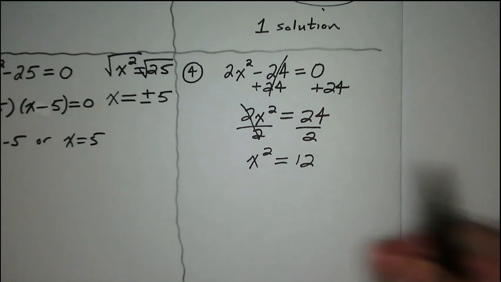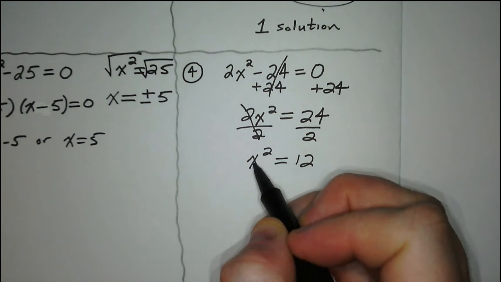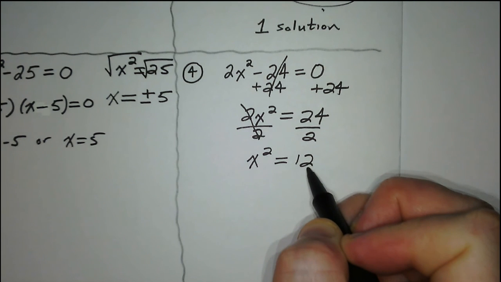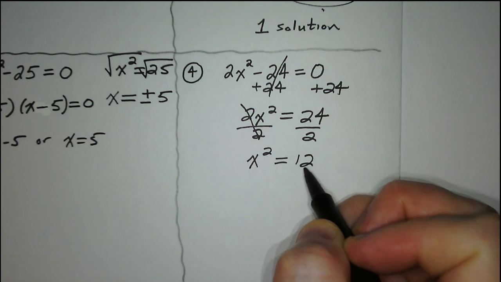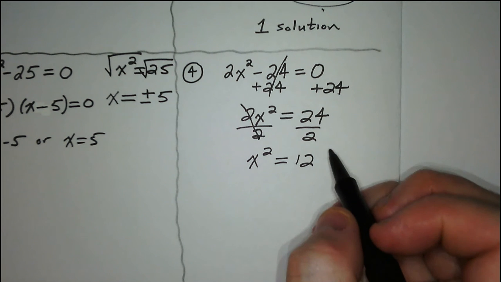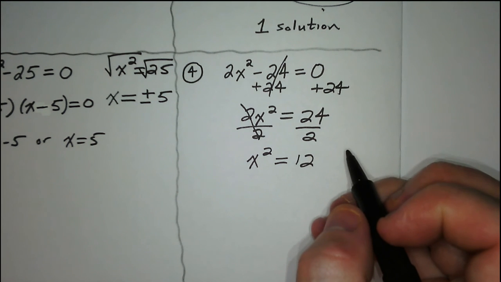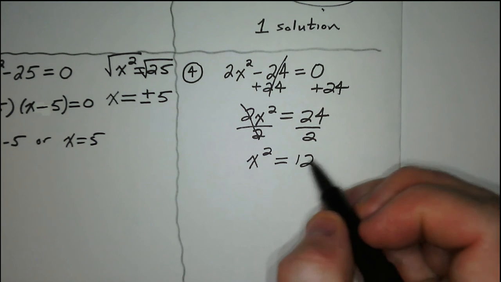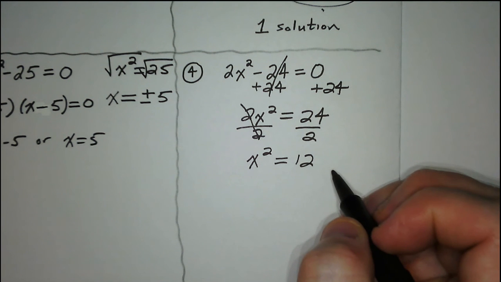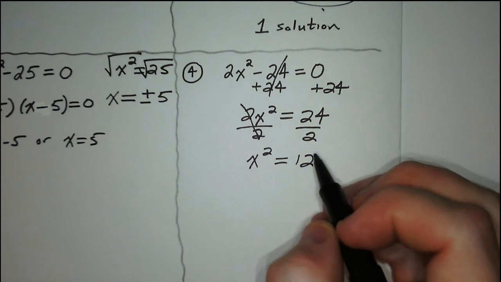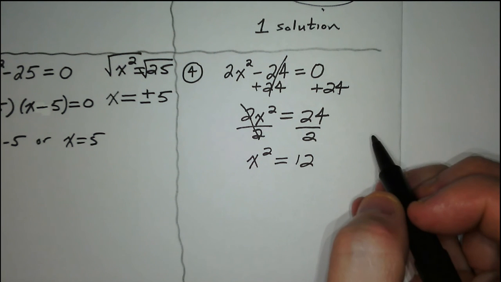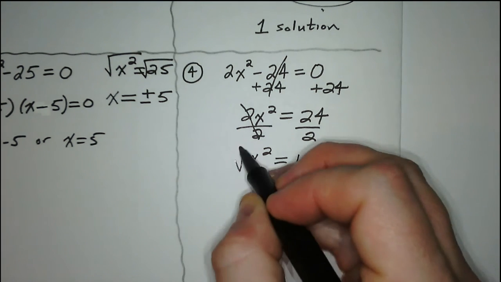x squared equals 12? That's not as nice as x squared equals 16 or x squared equals 64. This is not going to be a nice, clean answer. Well, that's okay.